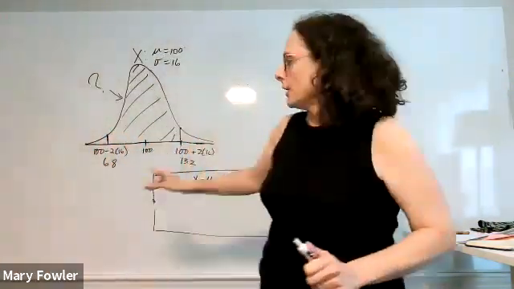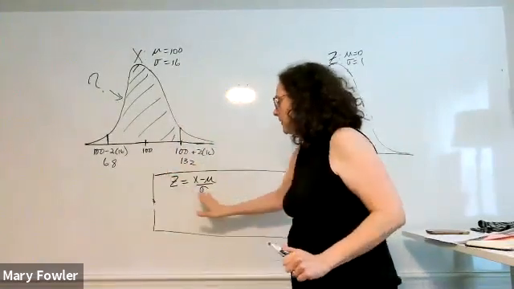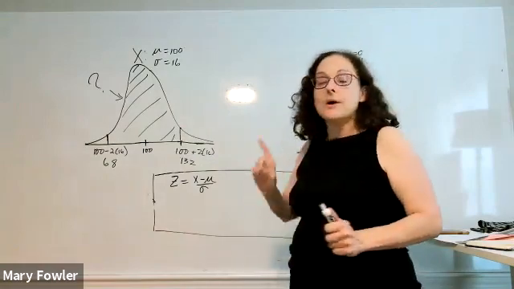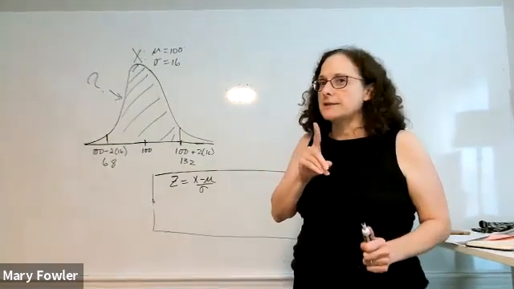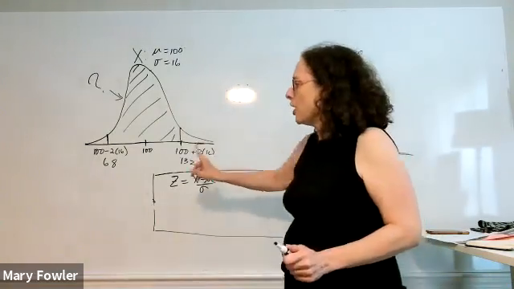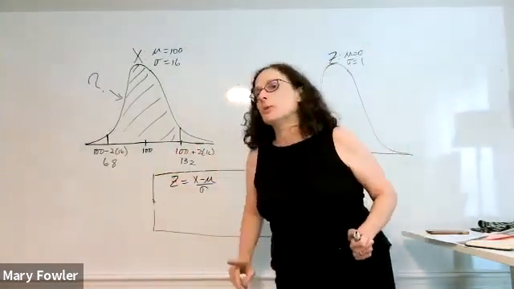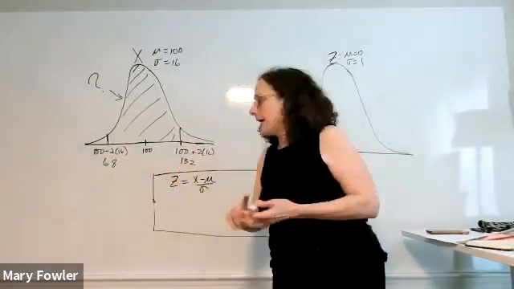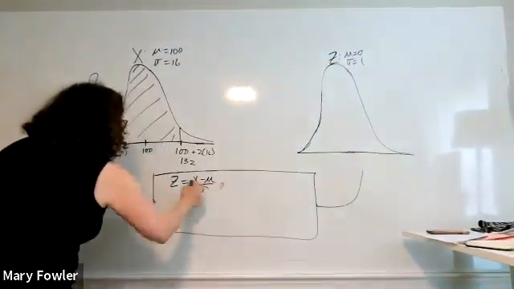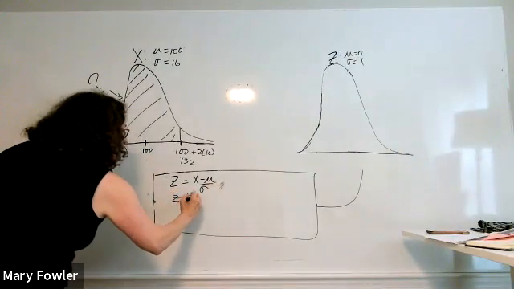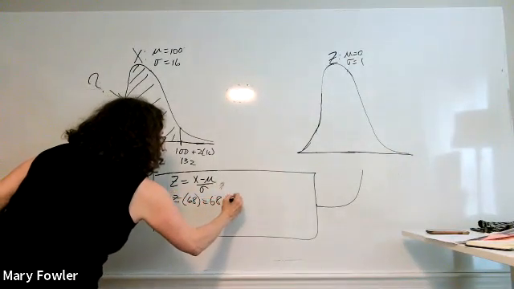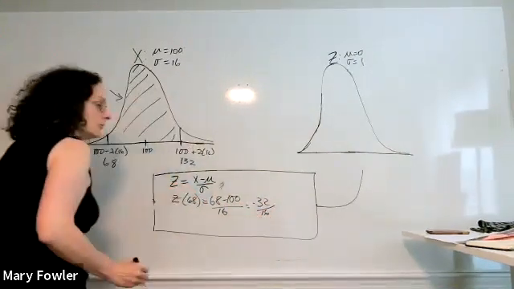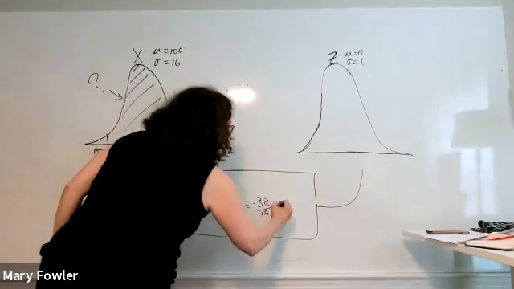Now we want to put 68 on the bus and bring it out in the Z world. You might already know what that Z statistic is, because we chose 68 for being a certain number of standard deviations below the mean. But I'll find Z of 68: 68 minus 100, divided by 16, is minus 32 over 16, which is minus 2.